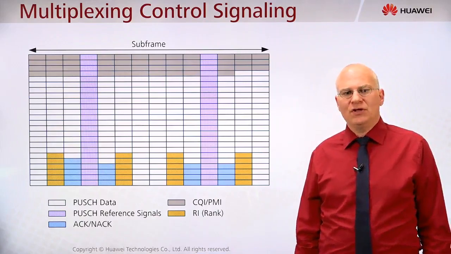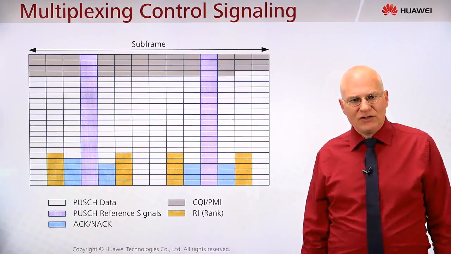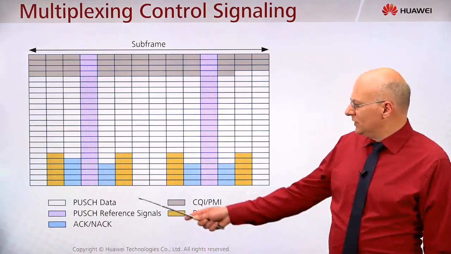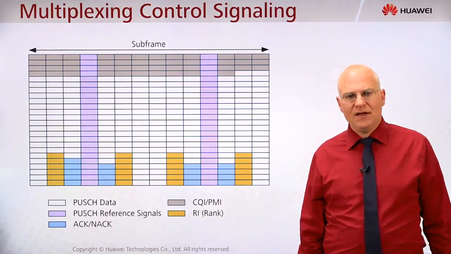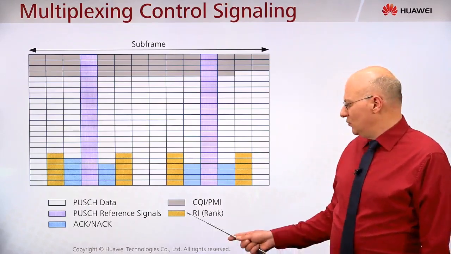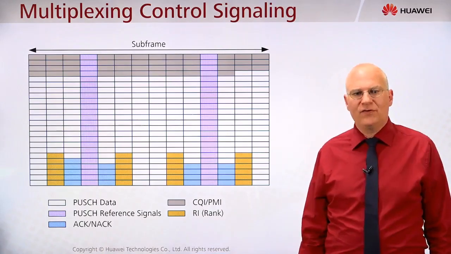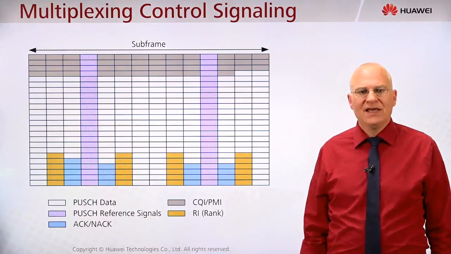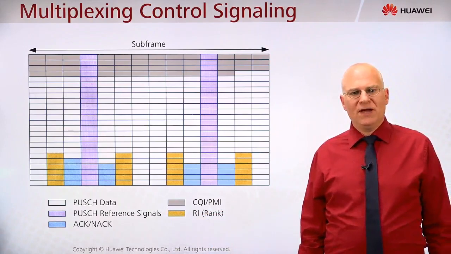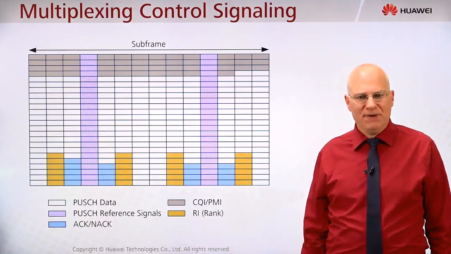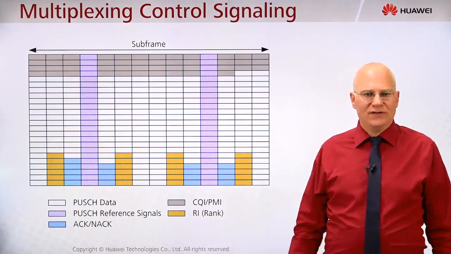The uplink control information consists of channel state information, which is mainly CQI, channel quality indicator, as well as the rank indicator, which is telling us something about the quality of the downlink. And then another uplink control information is the HARQ feedback, which is just an ACK/NACK feedback about the downlink transmission.